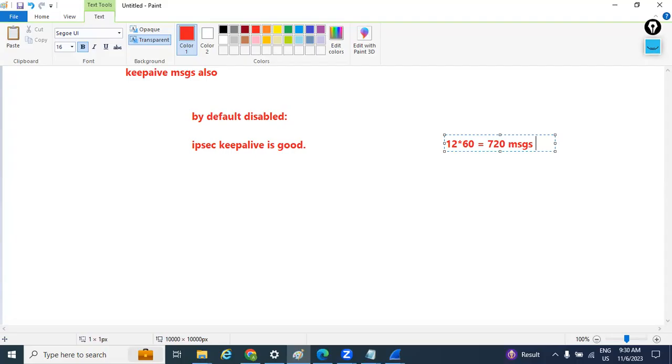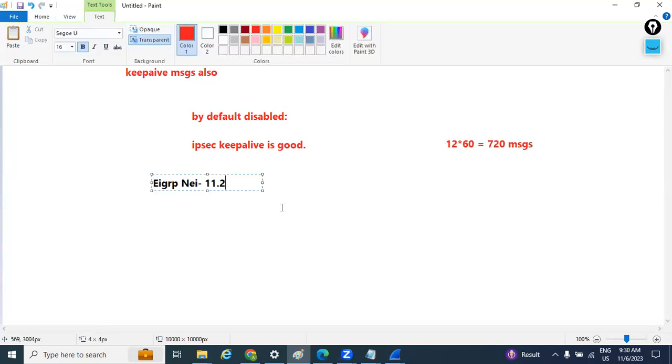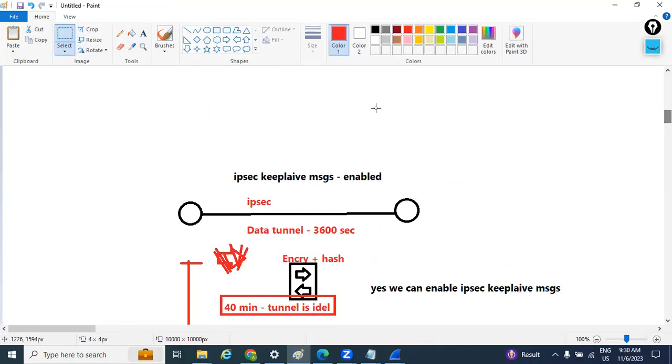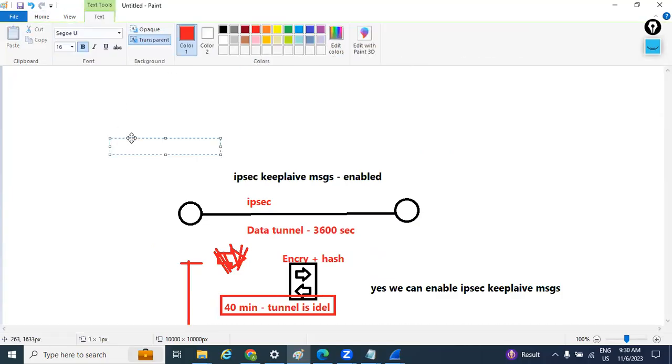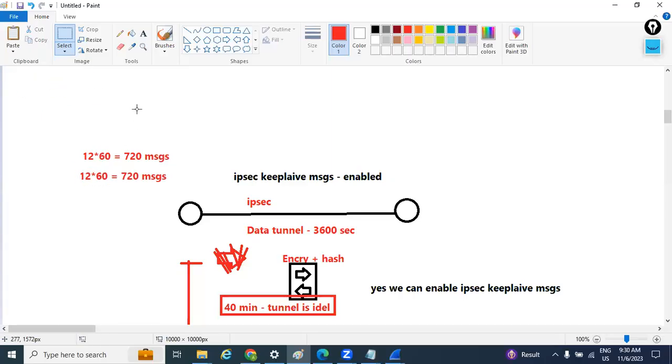Okay, so 720 encryptions would happen on site A and site B. You can see 720 encryptions here, then 720 decryptions. On the other side, 720 encryptions and 720 decryptions.